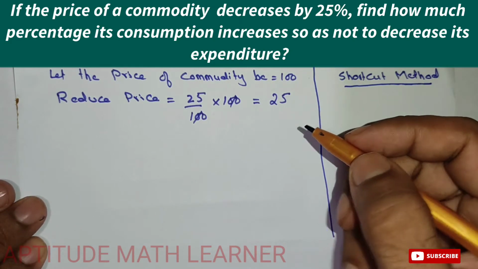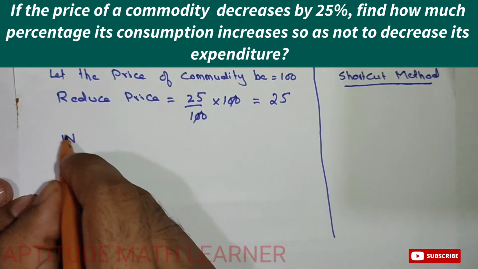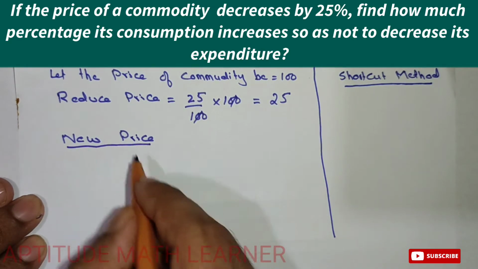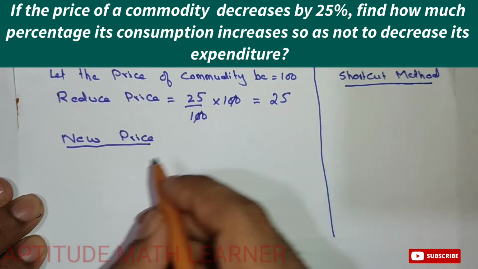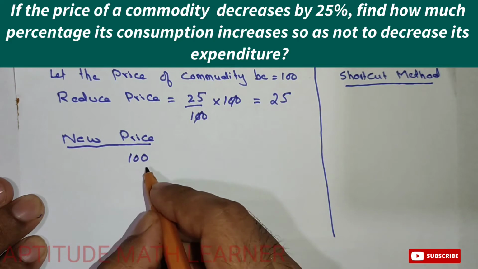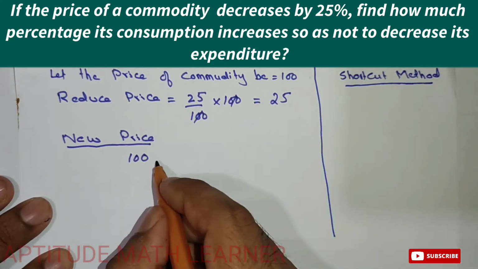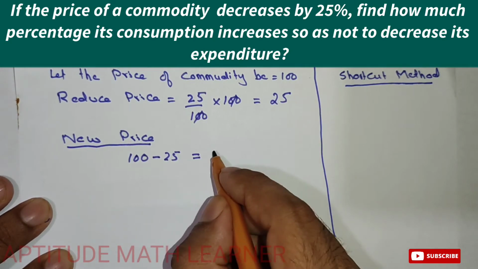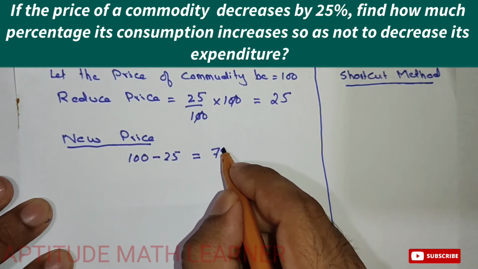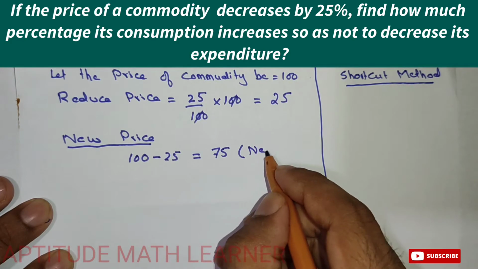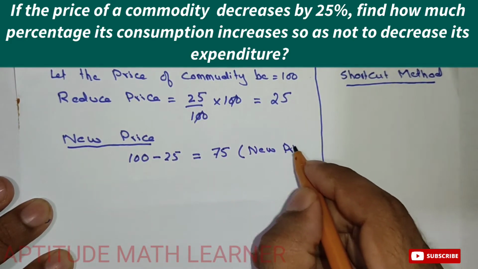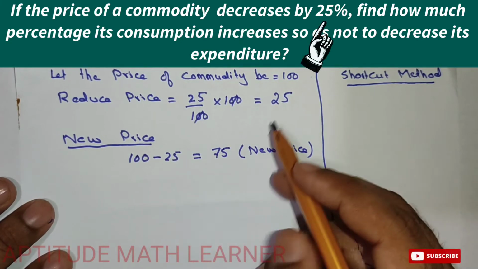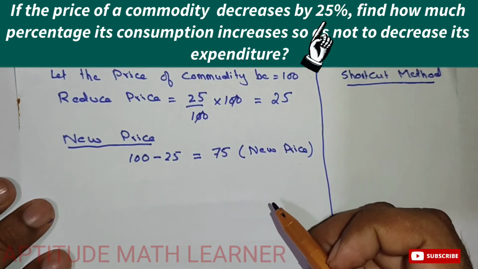And for the new price, the old price was 100 and 25 is reduced, so this becomes 75, and this is our new price, the new price of the commodity after the reduction of 25%.